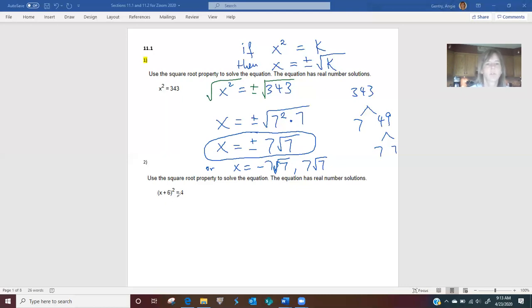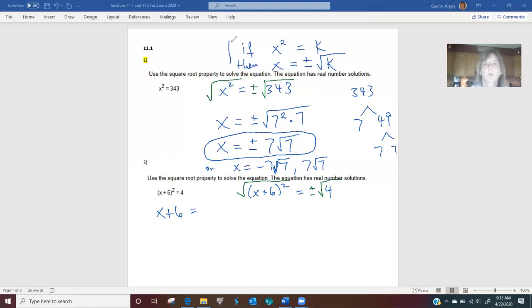So on the second one, use the square root property to solve the equation. Same thing, you're going to take the square root, and that would bring the x plus 6 out, and whatever you do here, don't forget it's a plus and a minus.